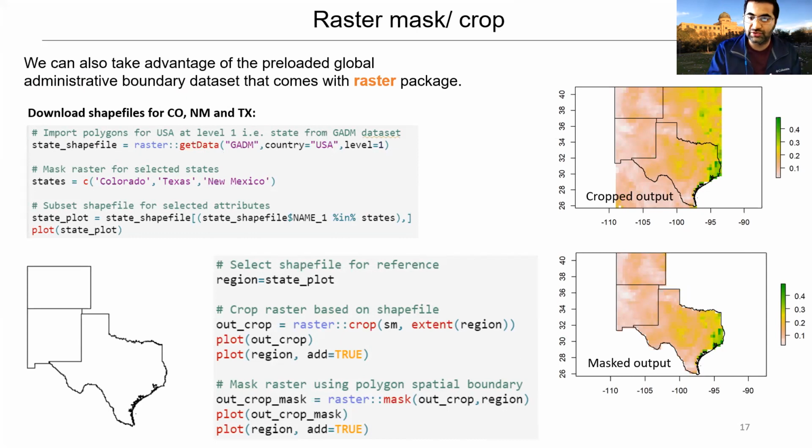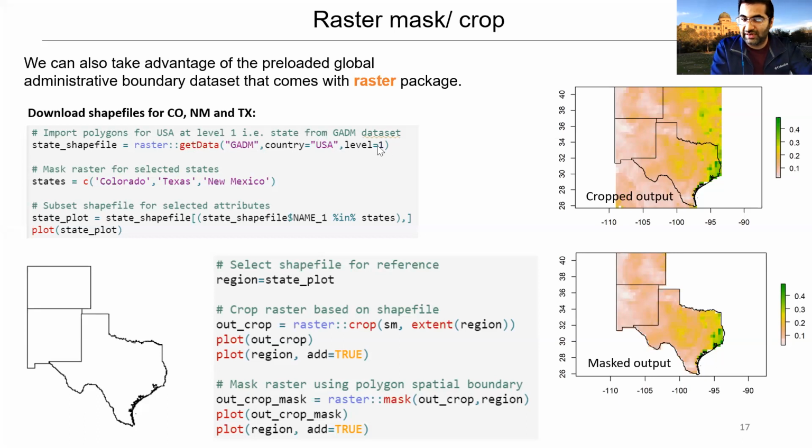There are some open source resources available on the web, and this function can pull the data set from that resource. In that case, without having this file located anywhere on our disk, we can pull it right from the web by using the function getData. And we need GADM, and we need the data for the country USA in this case.